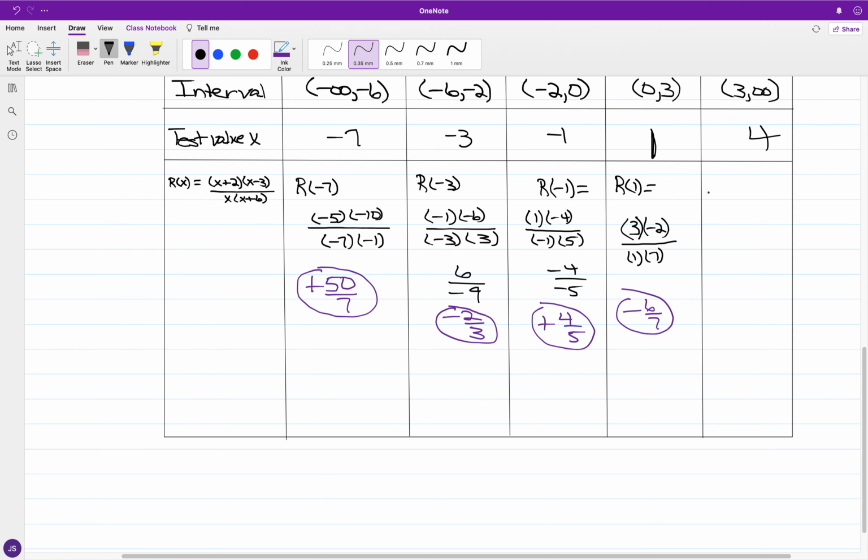And for r of 4: 4 plus 2 is 6, 4 minus 3 is 1, you have 4, and 4 plus 6 is 10, so you have 6 over 40, which reduces to 3/20.